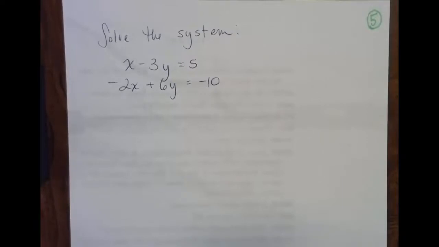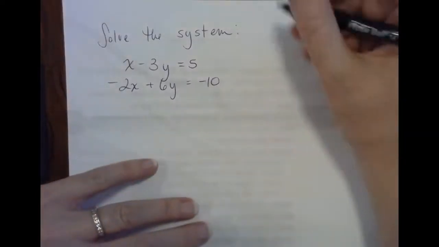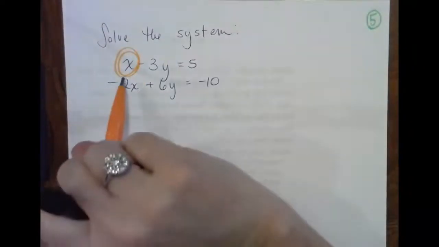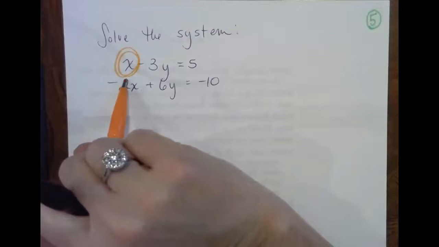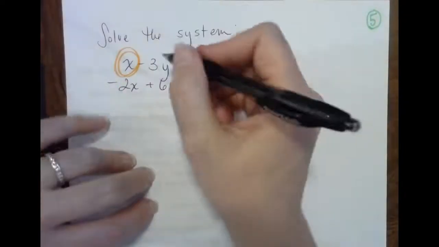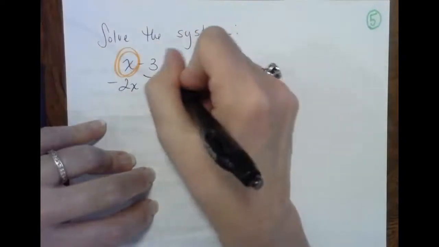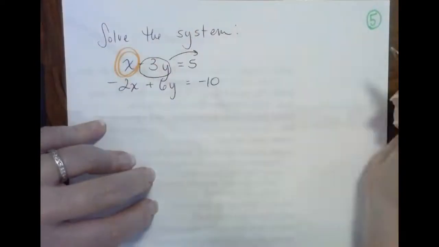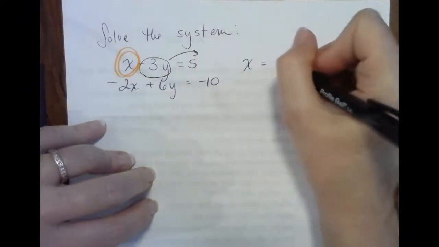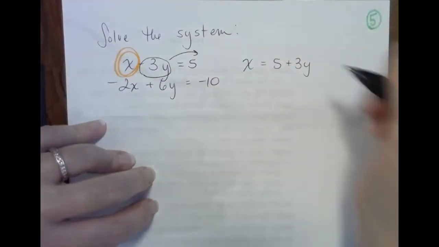Next, we're going to solve this system. And I think we should solve this system by substitution, because I can so easily solve for that x with just one move. So we will take that negative 3y from the left to the right and get x equals 5 plus 3y.